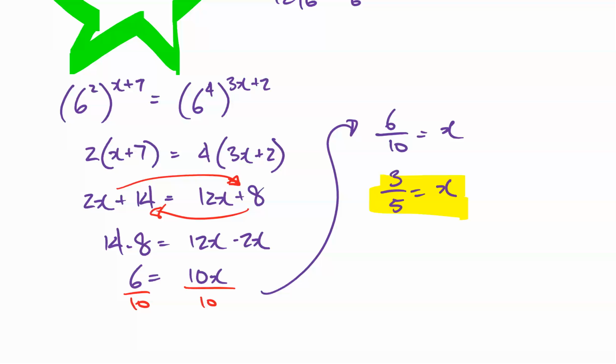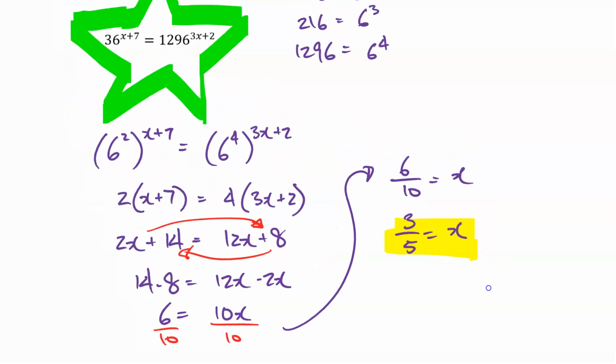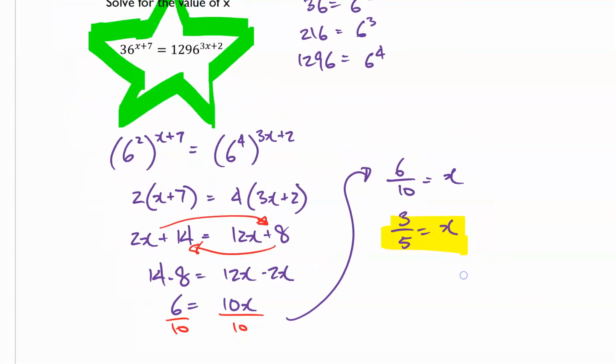Okay, so let's figure out what we did here. First off, I wrote the bases to be the same, right? I substituted in 6 to the power of 2 or 6 to the power of 4, and that's the same as the 36 and the 1,296. All right, that's the same business, right? And once I did that, I've established the same base. So let's work with the exponents, and I've written out the exponents here.